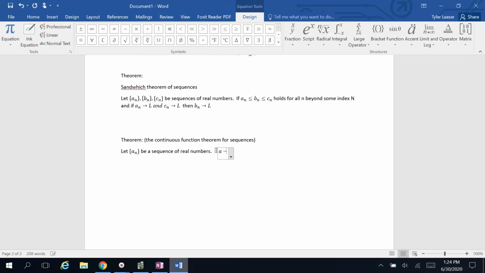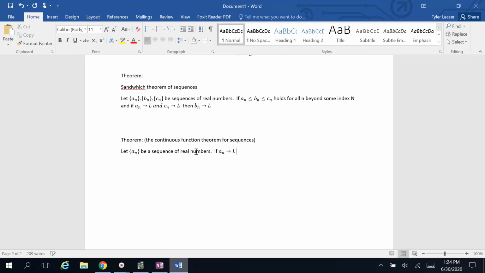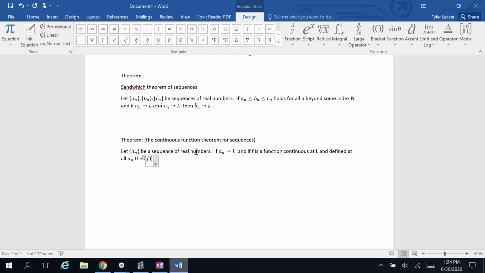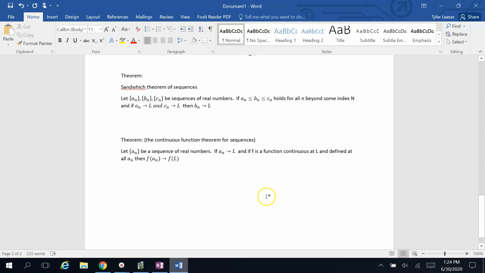If we have that a sub n converges to L, and if f is a function continuous at L and defined at all a sub n, then we also get that f of a sub n converges to f of L. Okay, so just looking at this, it might not seem very important, but it is, and I'll show you why here in a second.